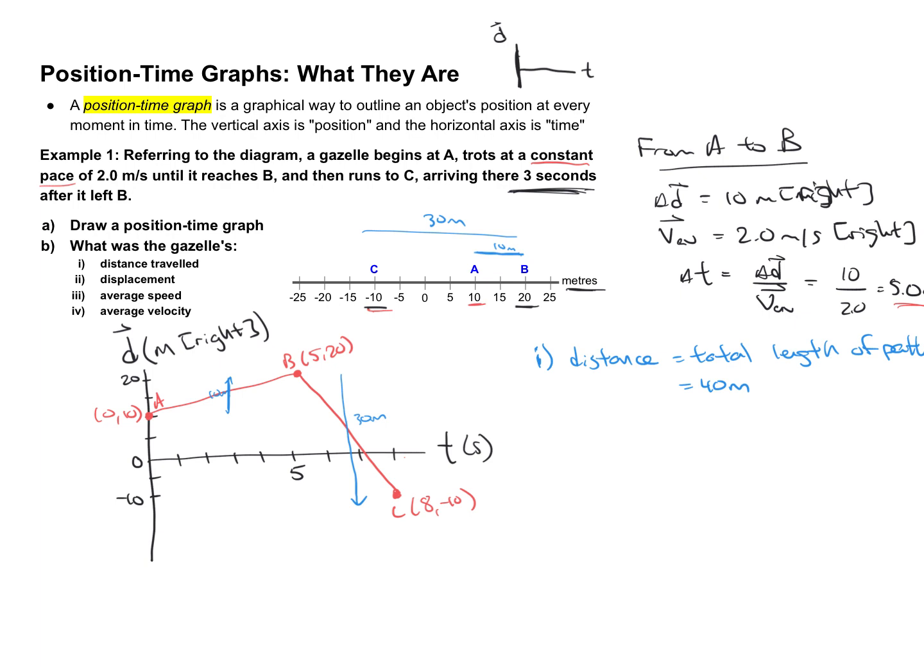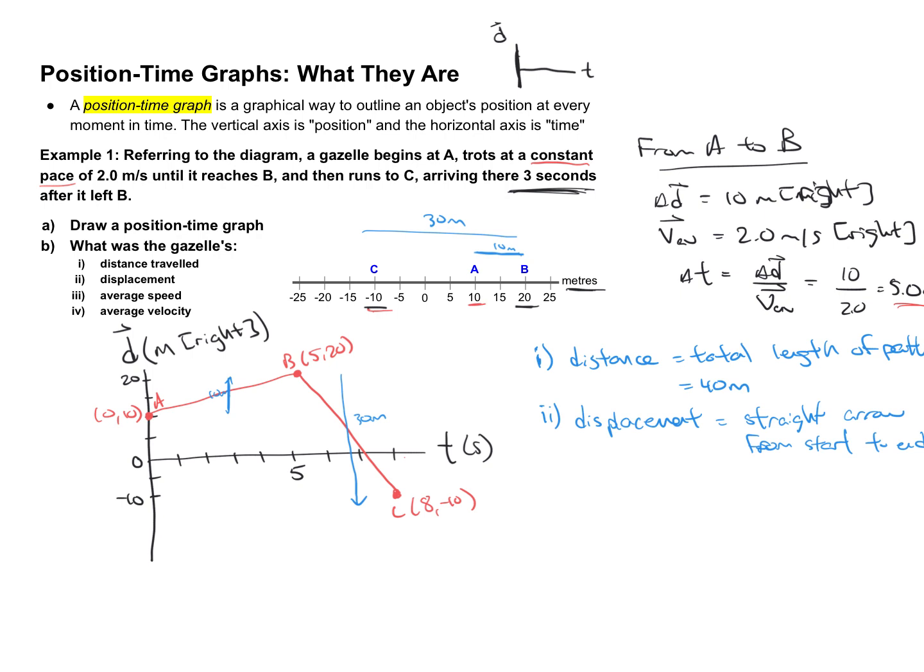Okay, 2, the displacement. So got to recall what the word displacement means. So displacement is a straight line or a straight arrow from the start to the stop, or to the end. From the start to the end. So I'll change colors here.